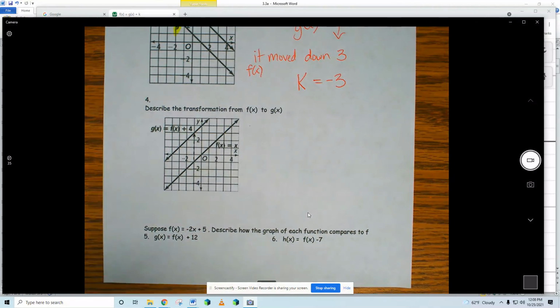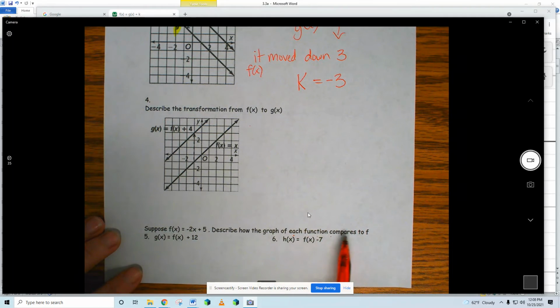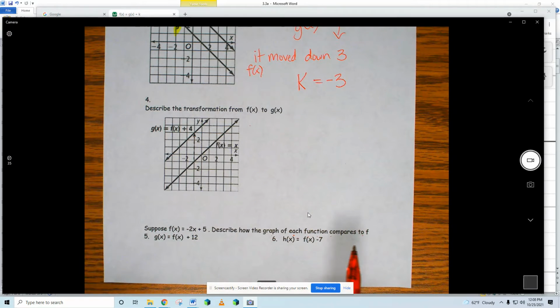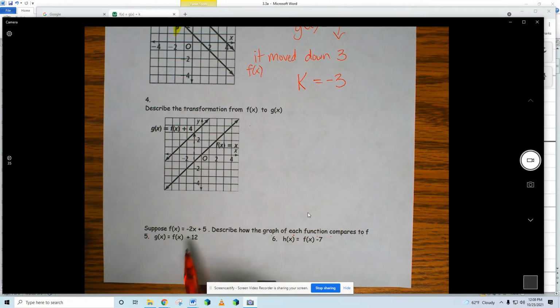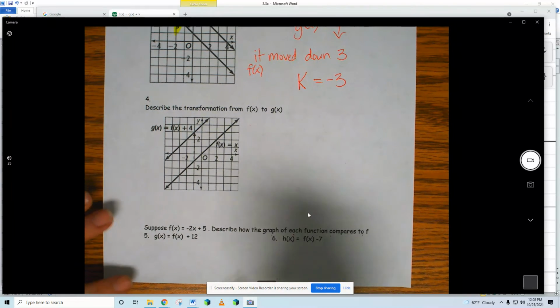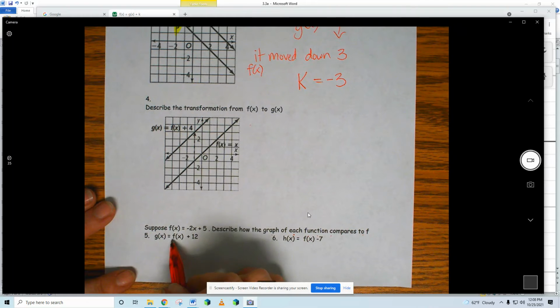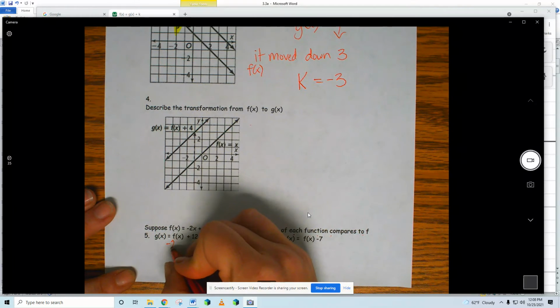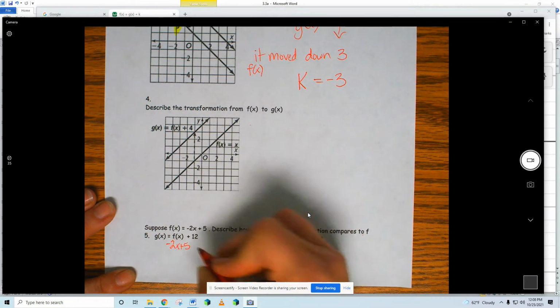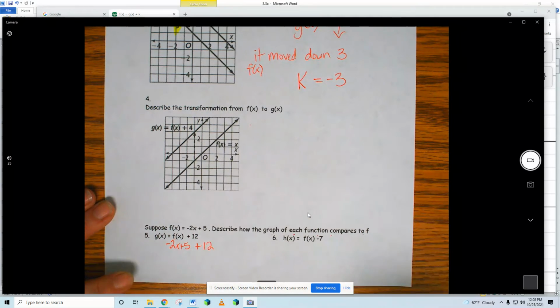Suppose f of x equals negative 2x plus 5. Describe how the graph of each function compares to f. Number 5. I originally had f of x, negative 2x plus 5, and then plus 12.